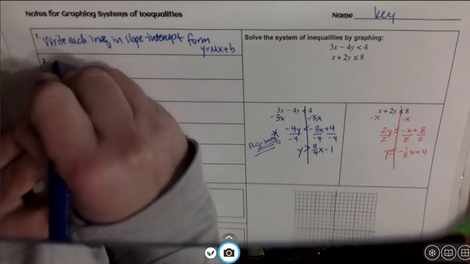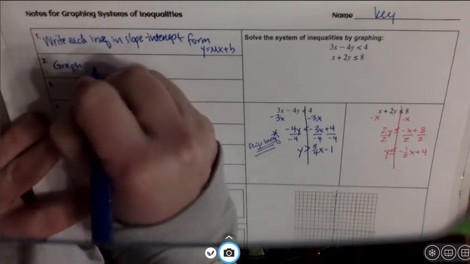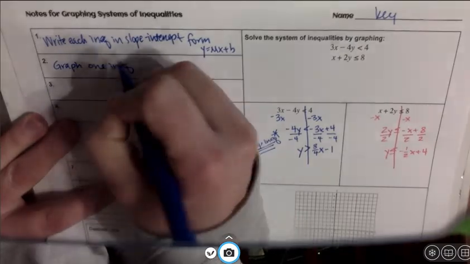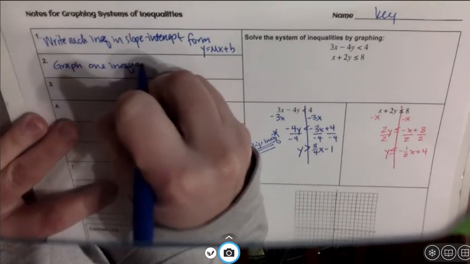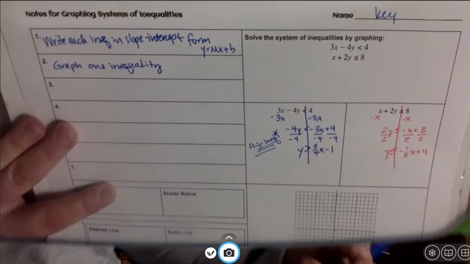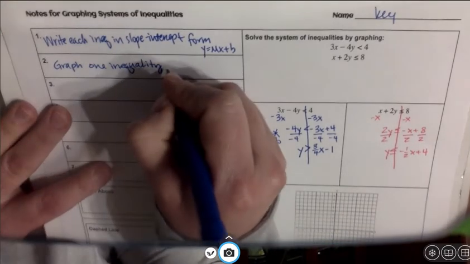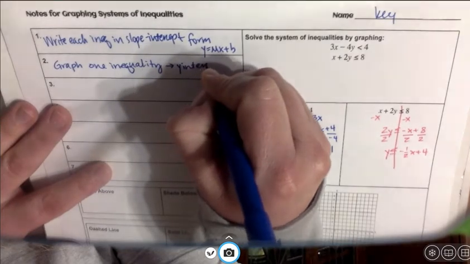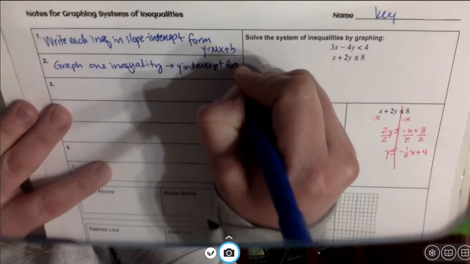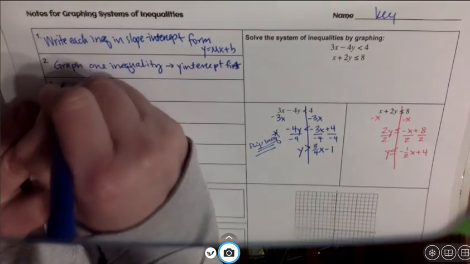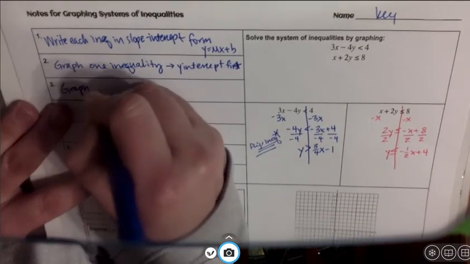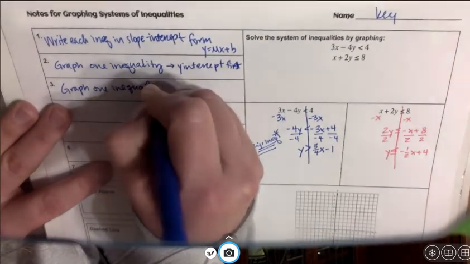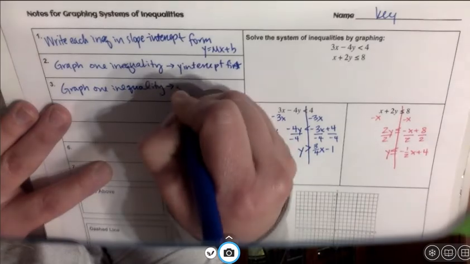Now I'm going to graph one inequality, primarily focusing on the y-intercept first. And then I'm also going to graph that same first inequality's slope.